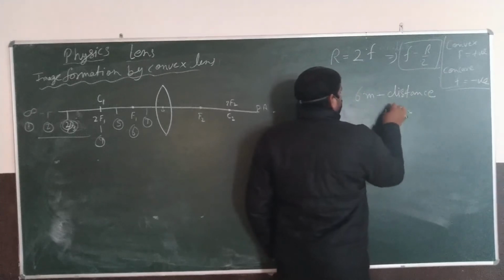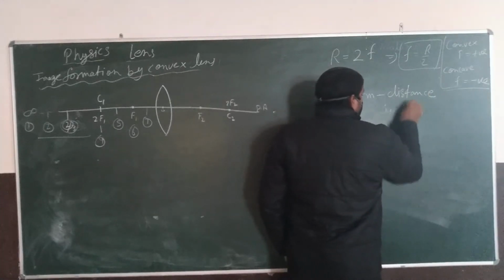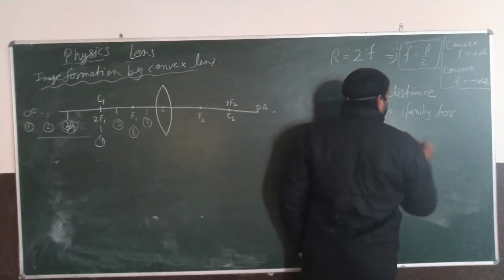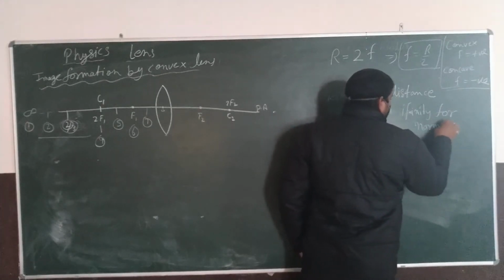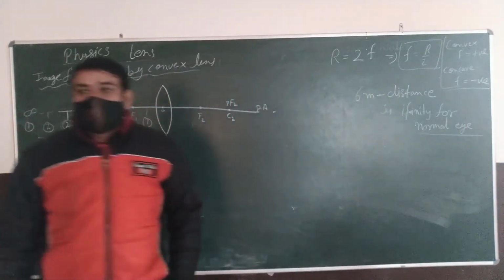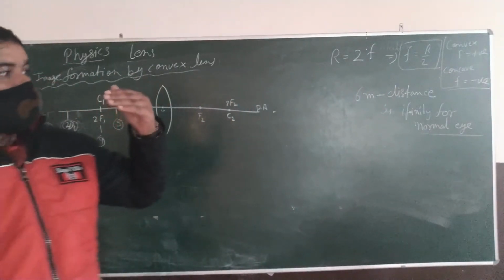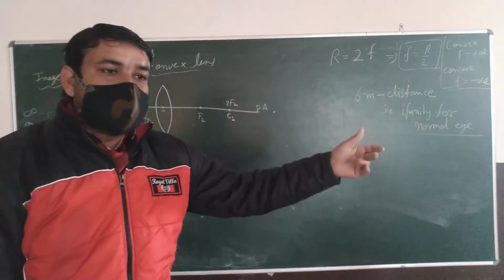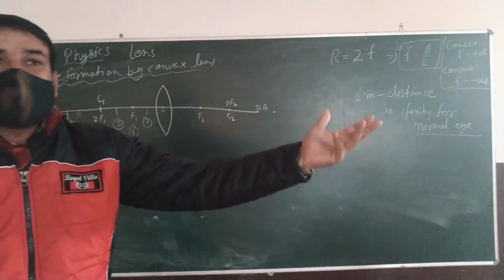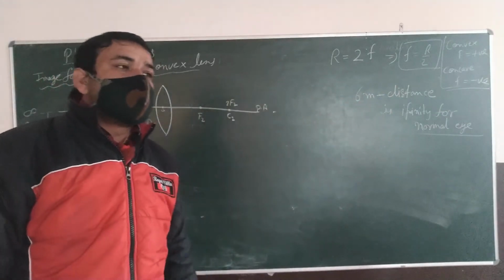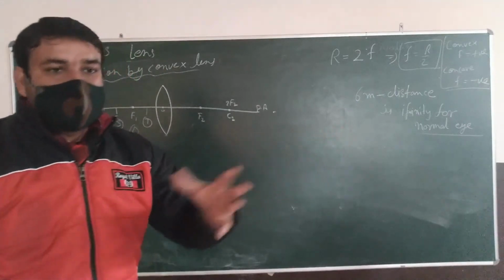Distance is infinity for normal. Just remember this. If an object is far, about 6 meters or 18 feet, then the light rays coming from that object are nearly or about parallel to each other.